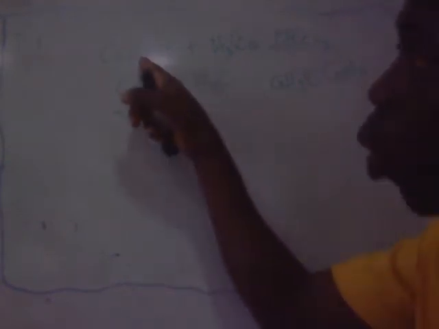If ethanol is in excess, you have C2H5O and C2H5, or you say diethyl ether. Is that taken? So that is if ethanol is in excess. But if the acid is in excess, you have ethene.